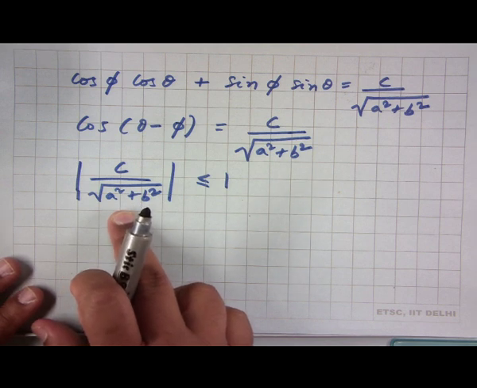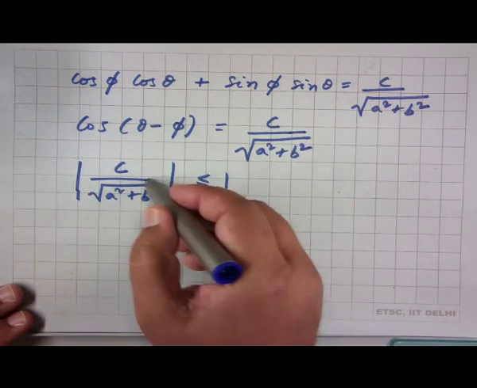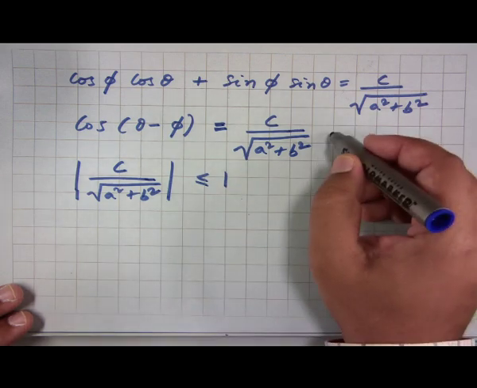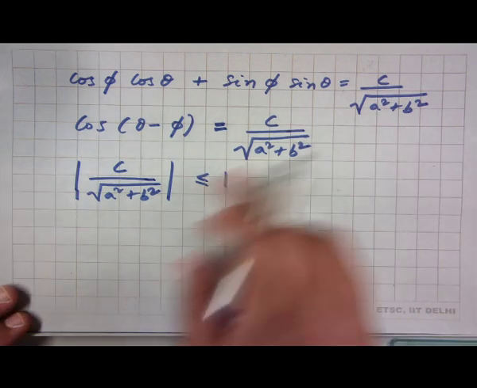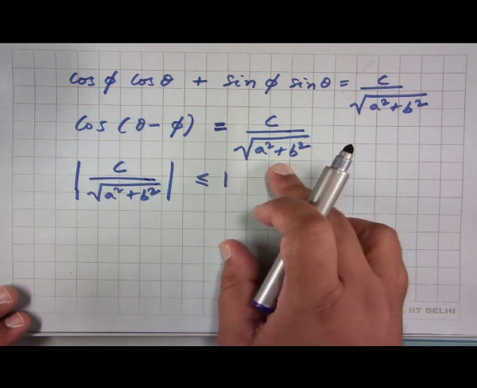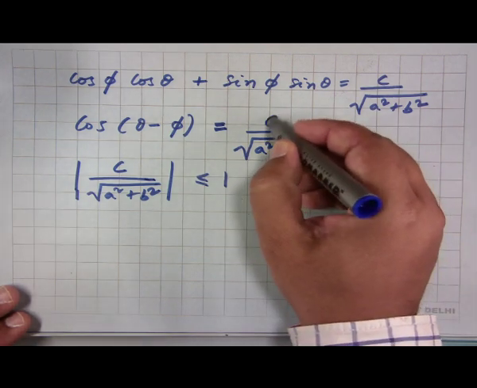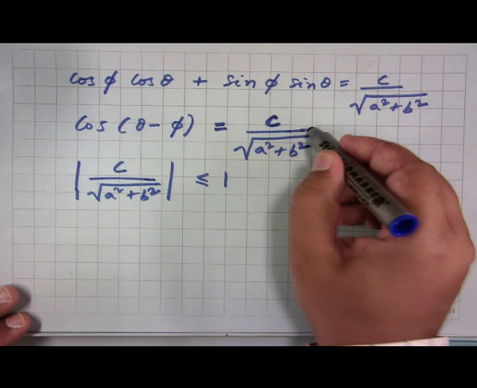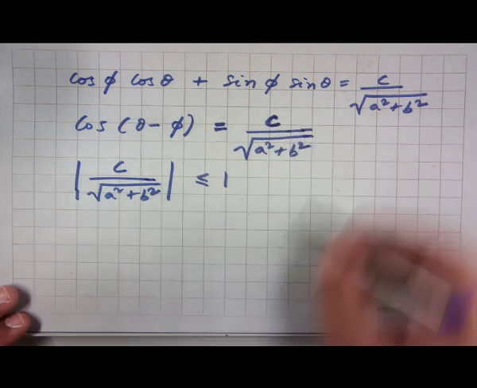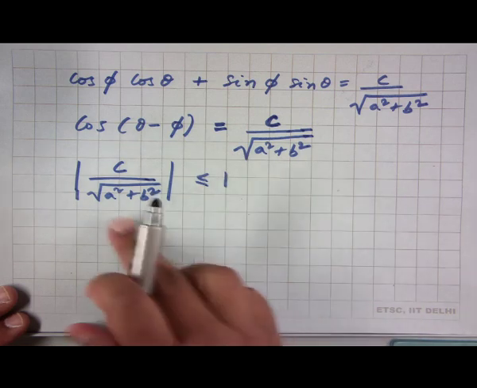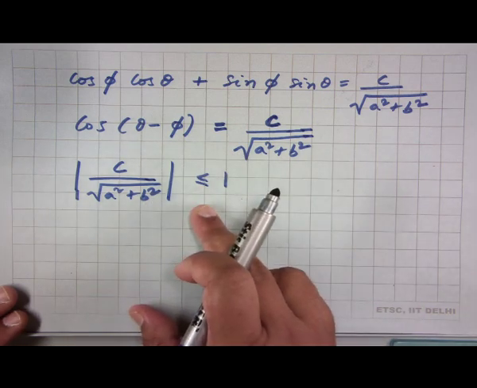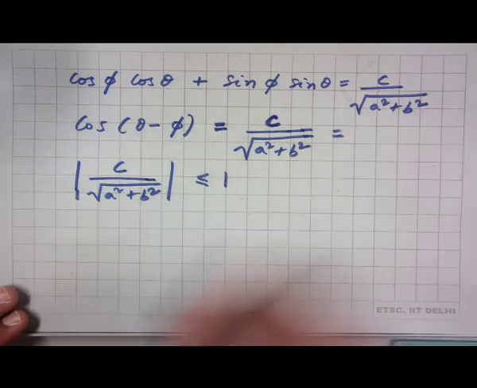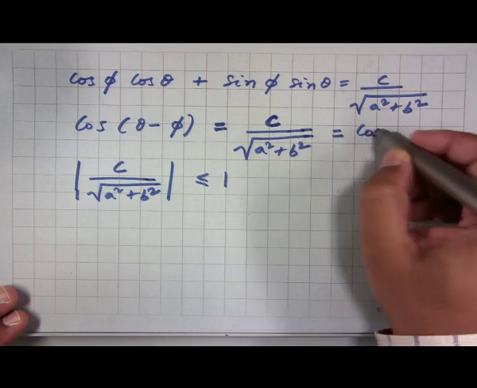So, in that case, we go back and write this c over root of a square plus b square, because if it is less than or equal to 1, then this must be equal to cos of some angle y.